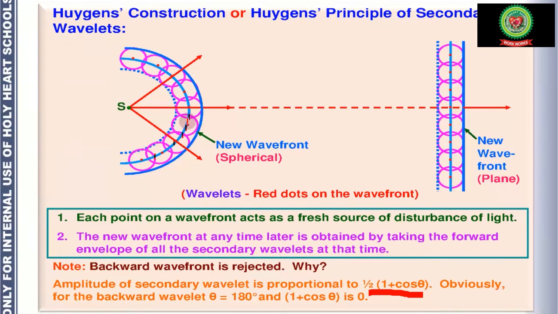But if the wave is traveling in the backward direction, then theta is equal to 180 degrees, and we know that cos 180 is minus 1. So plus 1 minus 1 cancels each other and we get 0, meaning 0 amplitude. So no wavefront is traveling in the backward direction.